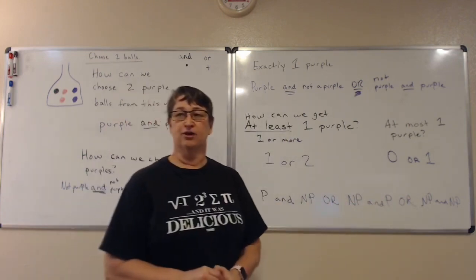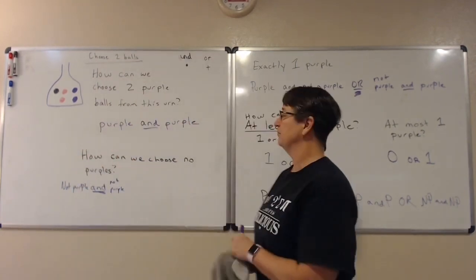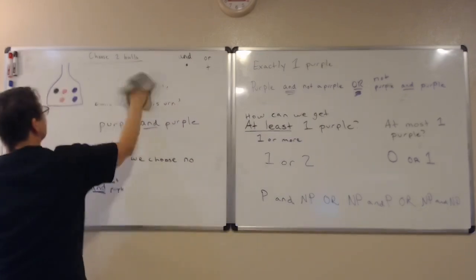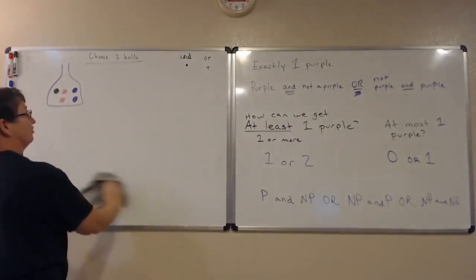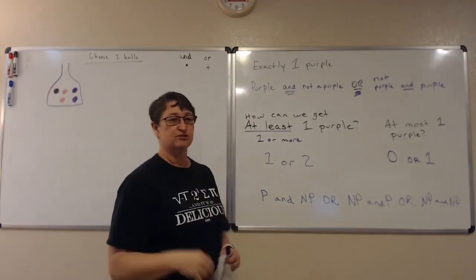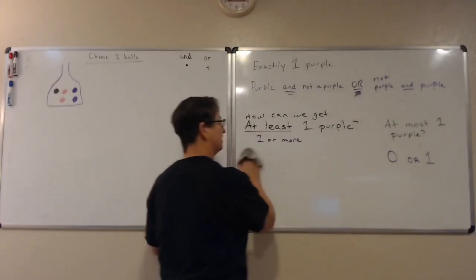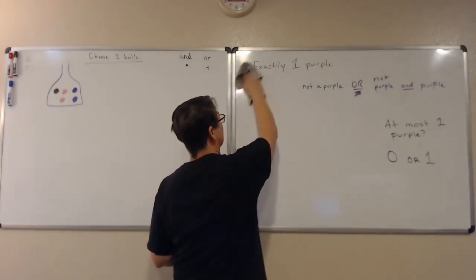Now let's do another example here. So let's move away from our purples for a minute, and let's talk about another situation, still with this balls in an urn thing. These marbles in a jar are just such a good representation of us sampling from the entire population.